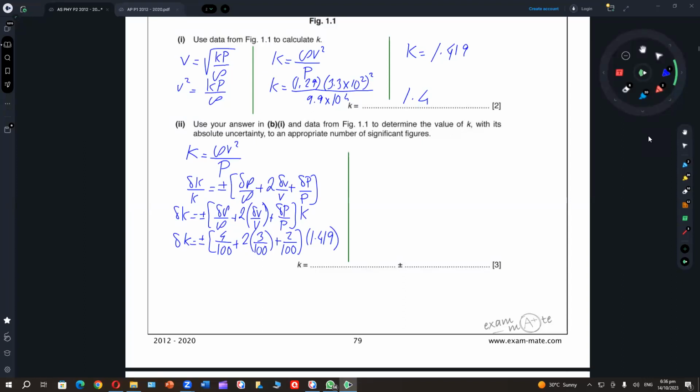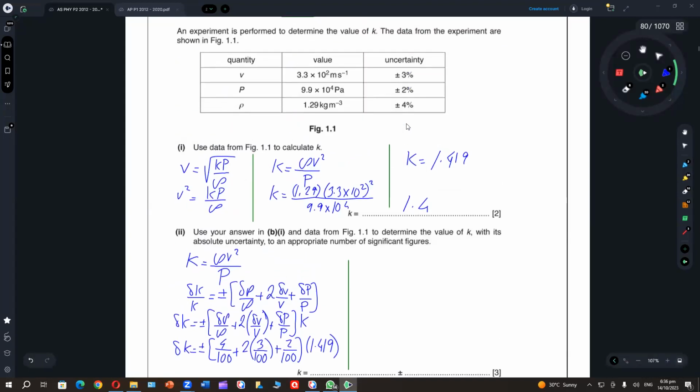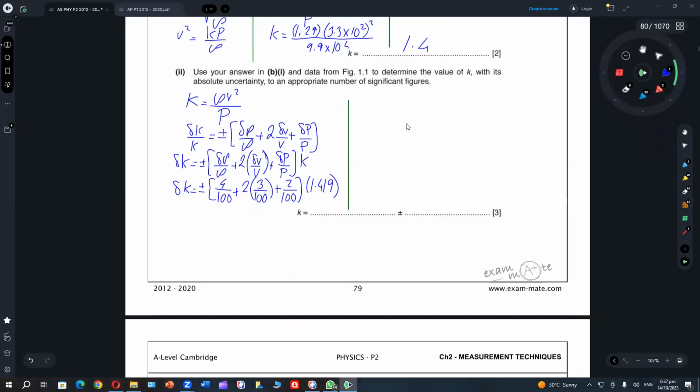Now solve this part. When you translate a percentage, when you remove the percentage sign, you always have to put it over 100.